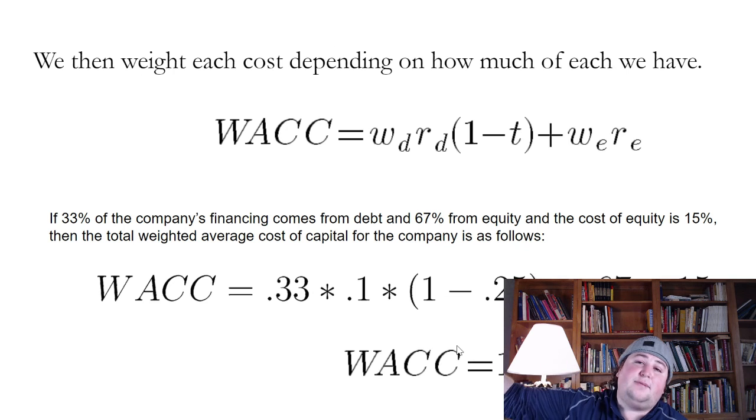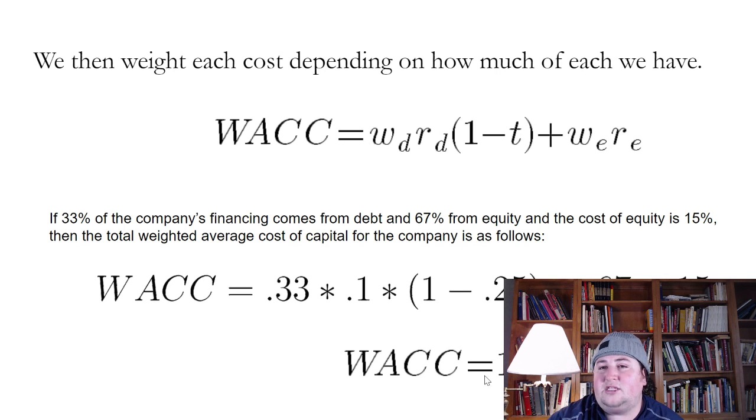However, if the returns are 20% on the project and the firm has a weighted average cost of capital of 12.5%, should the company do the project? Yes, right? Because they're basically borrowing money at 12.5% to finance the project. They're getting 20%, and the profit the firm is making is that 7.5% spread between the 20% return on the project and the 12.5% cost of capital.